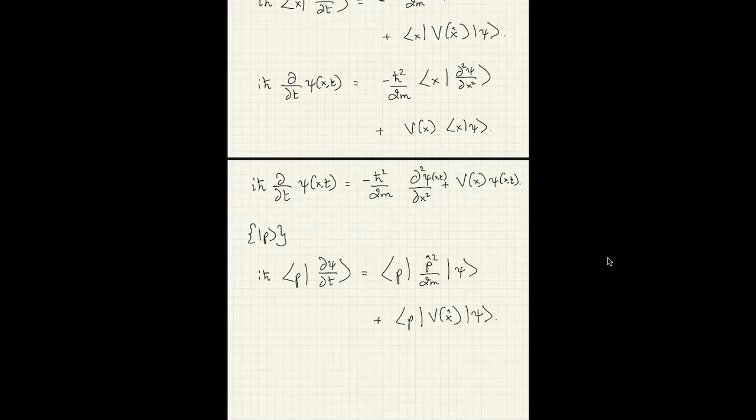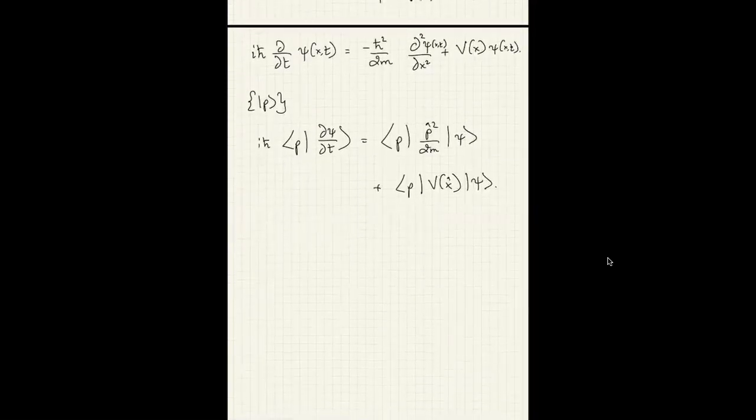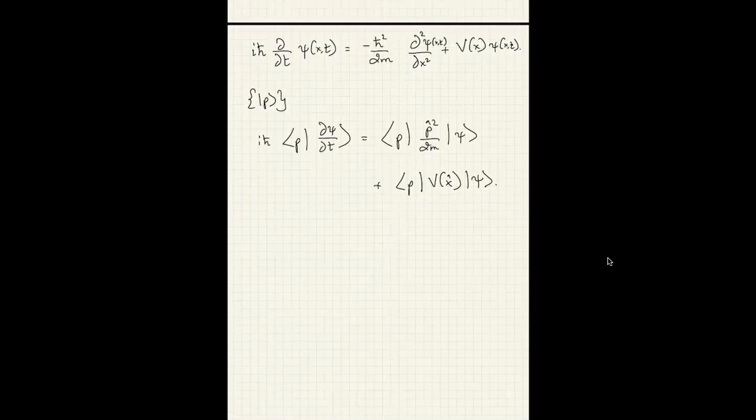Okay. Now two of these terms are straightforward. This one is simply the wave function dpsi of p comma t over dt, which is the Fourier transform of dpsi of x comma t. And in the p representation, the operator p is simply multiplying by the corresponding number p, because in the p representation <p|p> is just p.